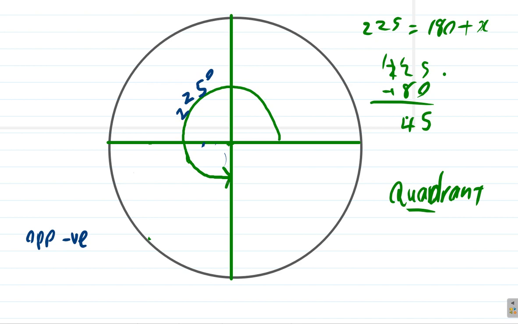Alright? So remember, we would pass 90, then 180, and then 3 times 90, 270. So our angle here would be not 225 anymore, 270 degrees.